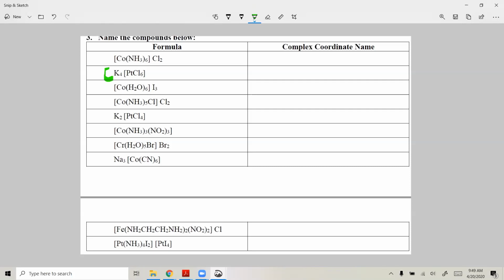So remember to name your cation first. We don't have to worry about alphabetizing our ligands. If you make a mistake, go ahead and rewrite your whole name, just so we can know exactly what you wanted to swap out there.